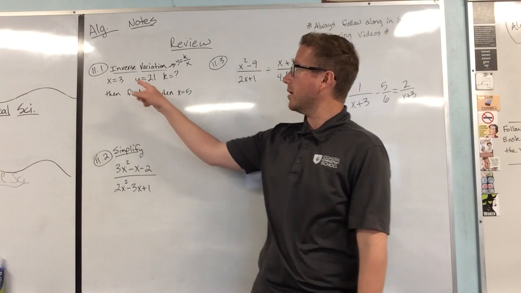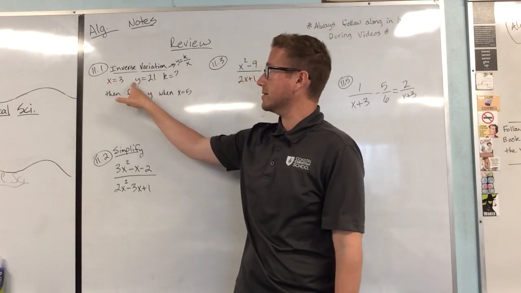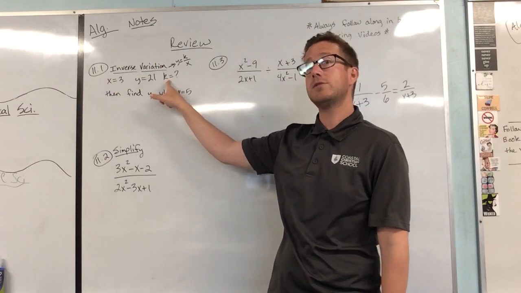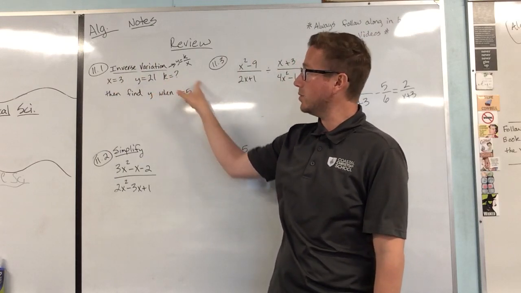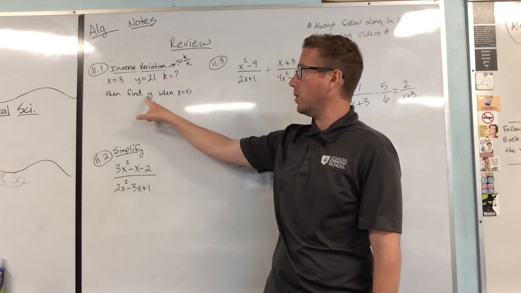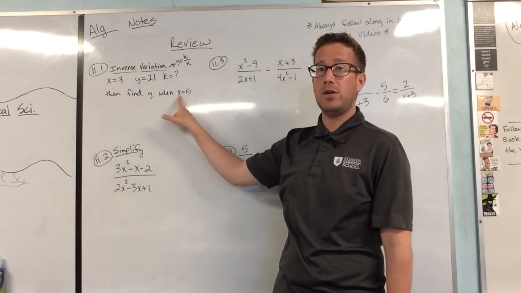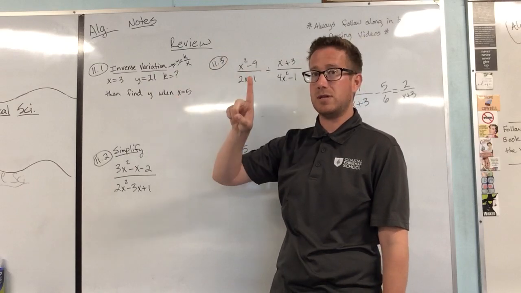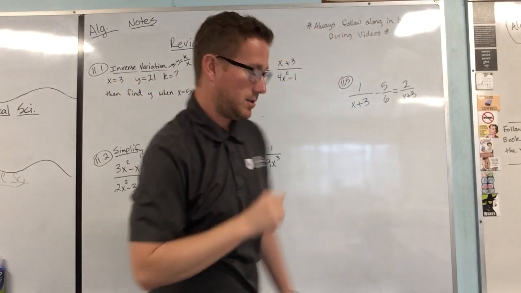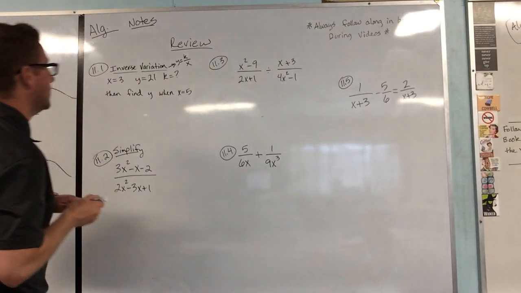Now they will first give you x and y and expect you to solve for k. Once you have k, you will then move on to the second part of the problem and find y when you have a brand new x. All right, so step 1, use x and y to solve for k. Let's jump in and get that going.